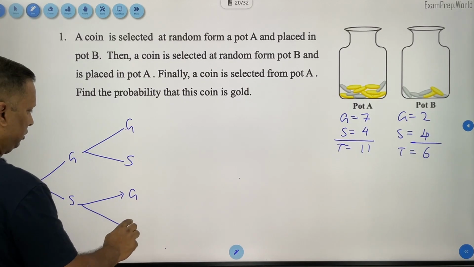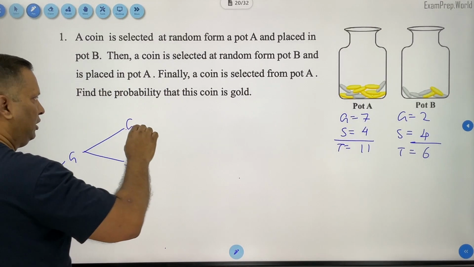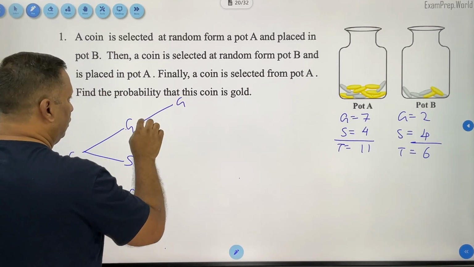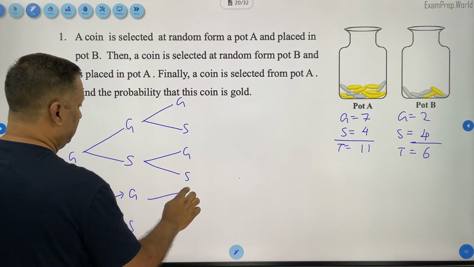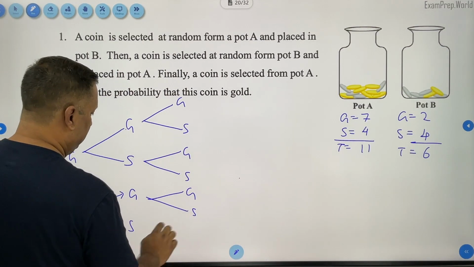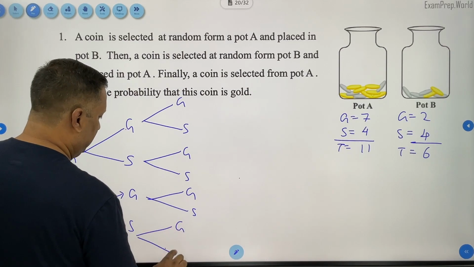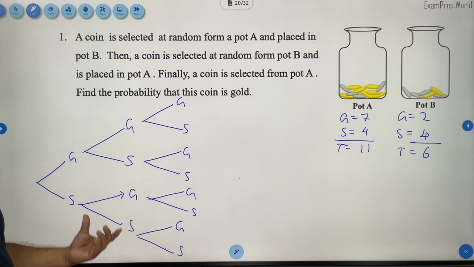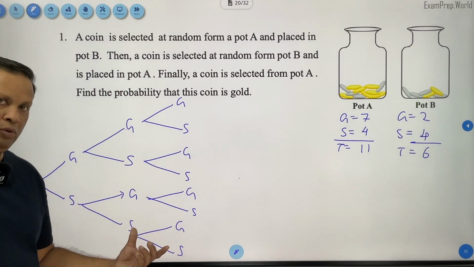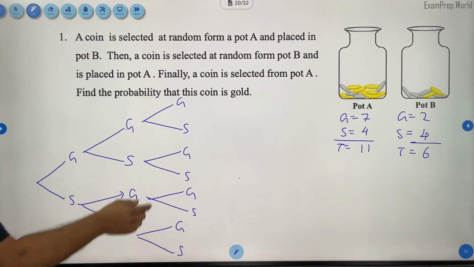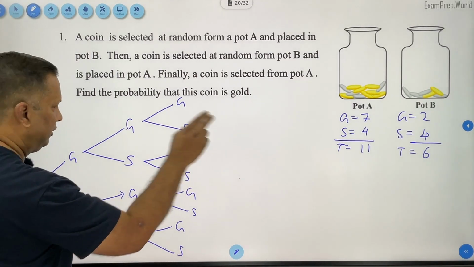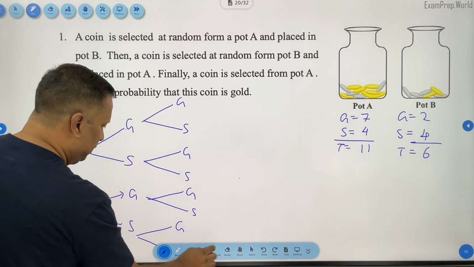The third time, once again, you will get gold or silver, for each branch. Once you know these are the outcomes, now we have to put the probabilities on each event. Now, what is the probability of getting a gold? 7 out of 11.